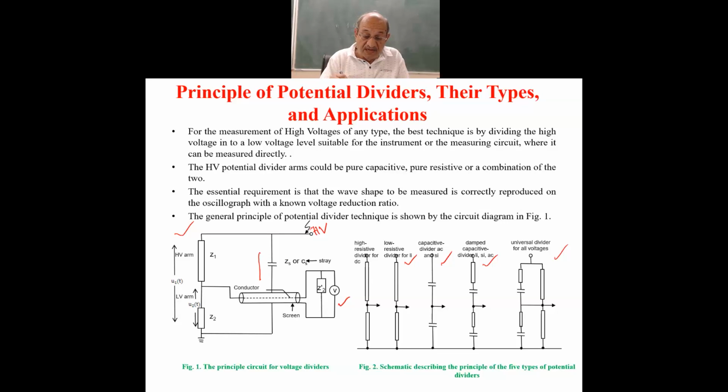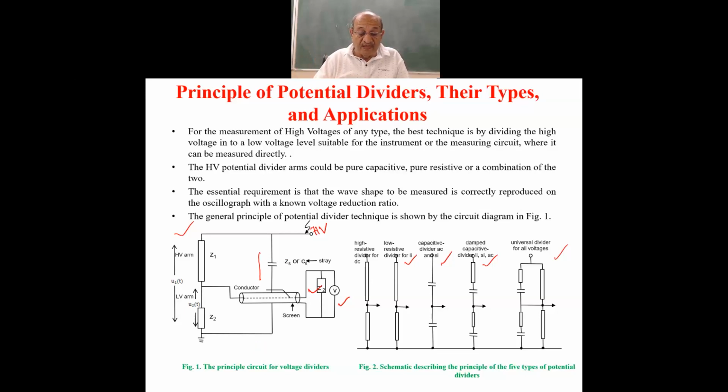We can say Z2 prime. This Z2 prime is measured across the voltmeter, and is influenced by the impedance of the cable itself. See, this cable is bringing the voltage. It will have its own impedance also.